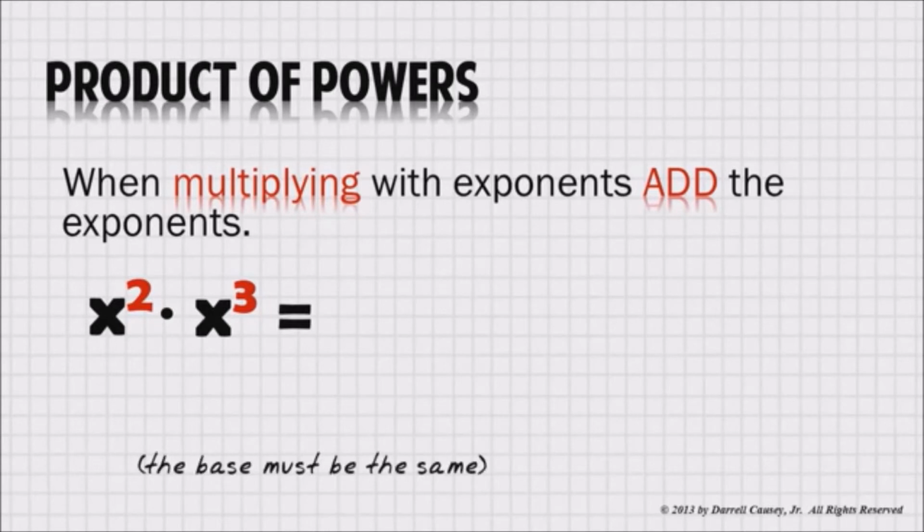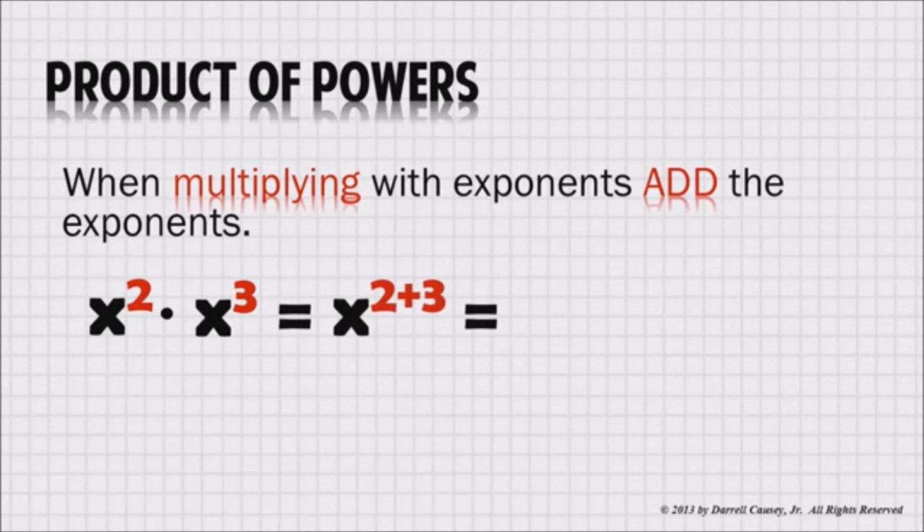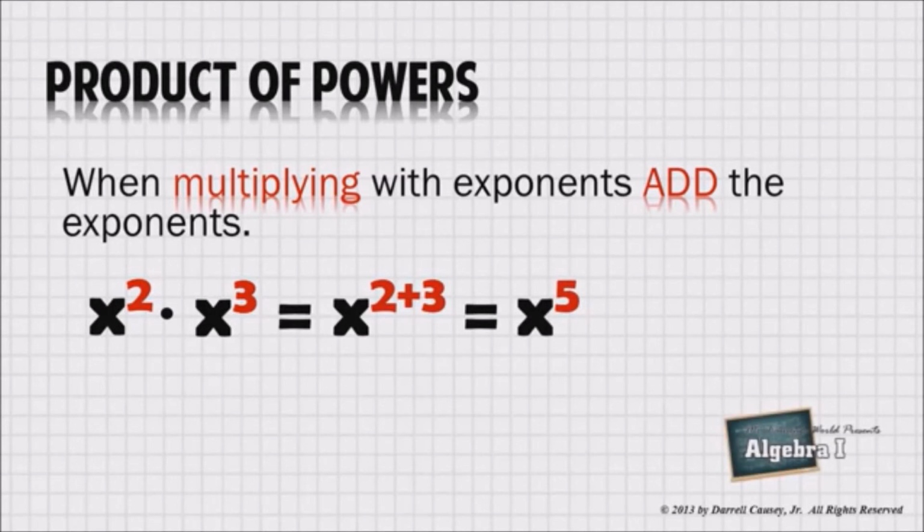So in this example, x to the second power times x to the third power, simply copy the base because they are the same, and then add the exponents 2 and 3. Then 2 plus 3 is 5. So the answer is x to the fifth power.